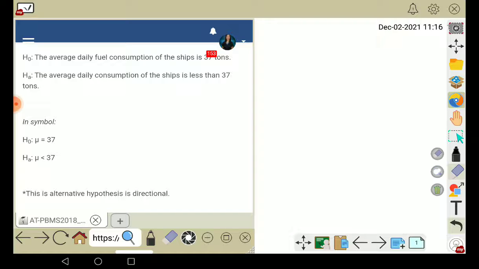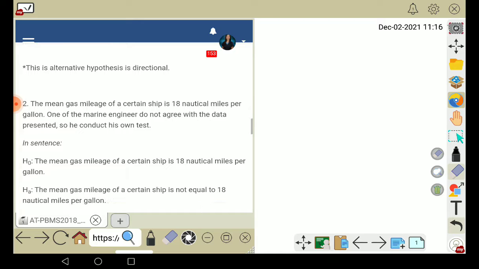So on your alternative, because of the word decrease and based on our statement, we are going to use the symbol: population mean is less than 37, because we wanted to know if there is really a decrease in the daily fuel consumption. So take note, we are using the less than or greater than symbol, and that only means that it is directional. Okay, that's simple.